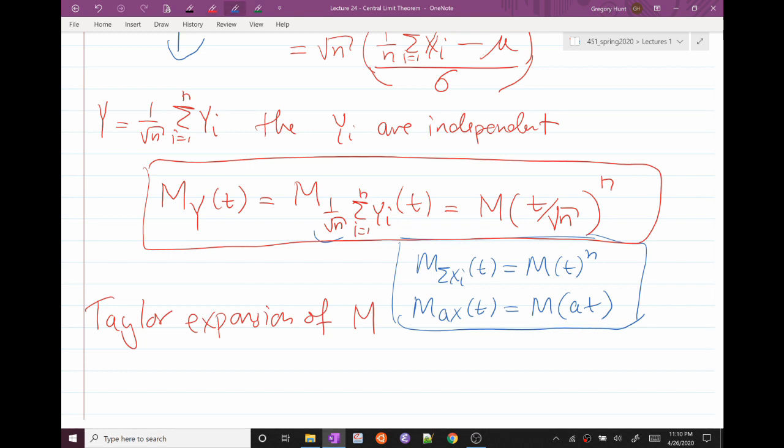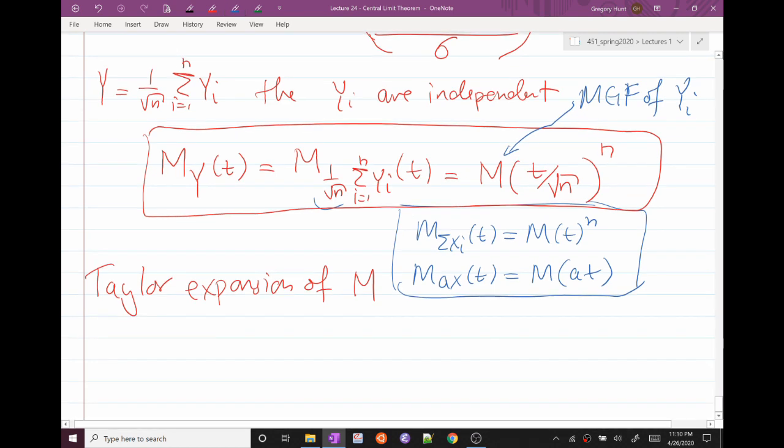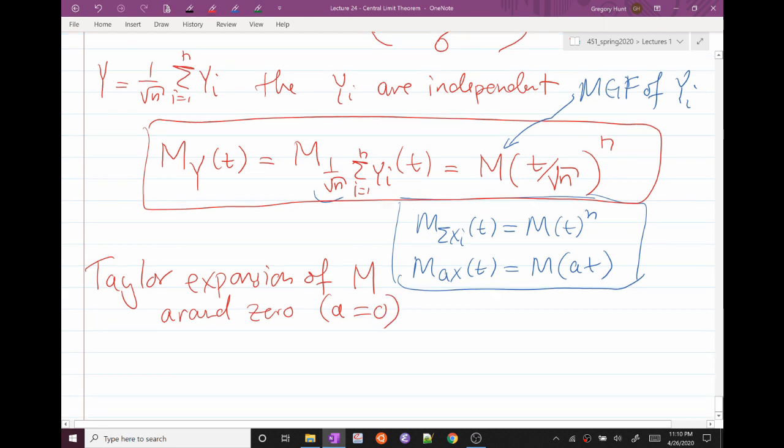So this m here is the MGF of any of our y sub i. They're all the same MGF because they're all the same distribution. So we're going to expand m. We're going to do a Taylor expansion around 0. So above in our Taylor theorem, that is at a equal to 0.